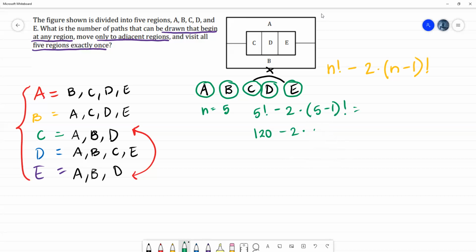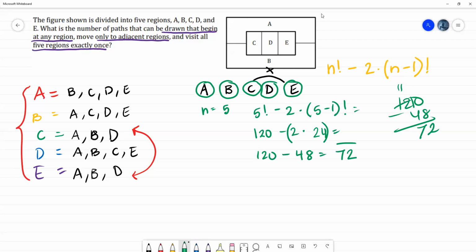Because of PEMDAS, we multiply first. So 120 minus 48 is equal to 72. Our answer is 72. And that's how you would solve this problem.